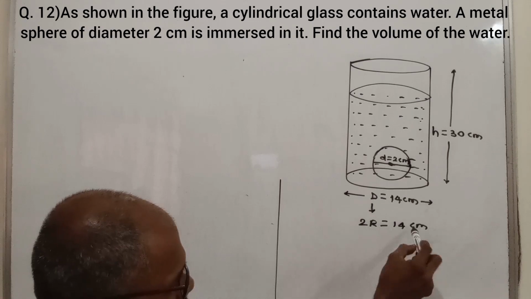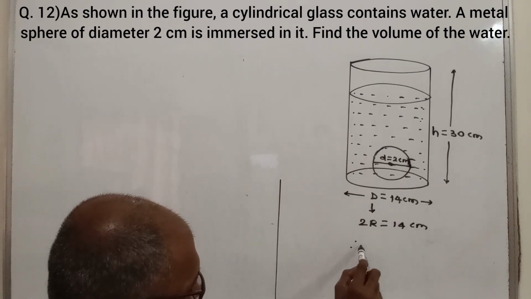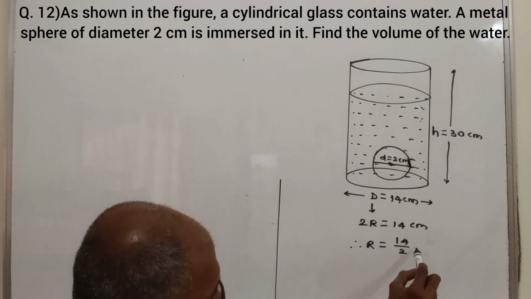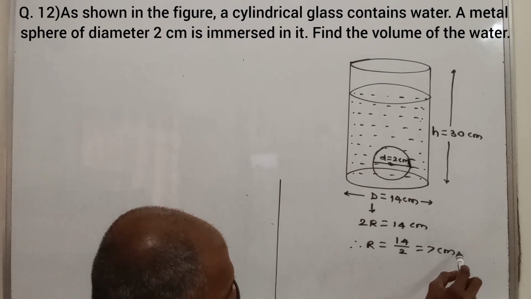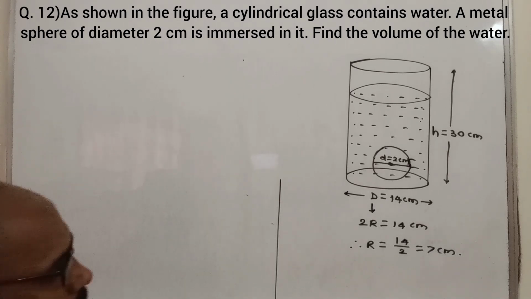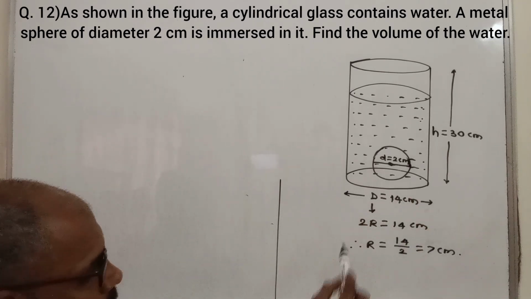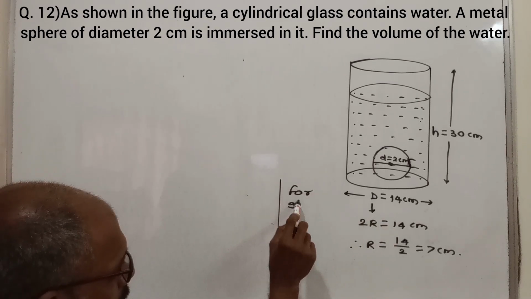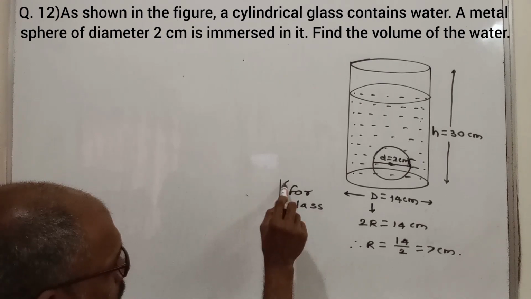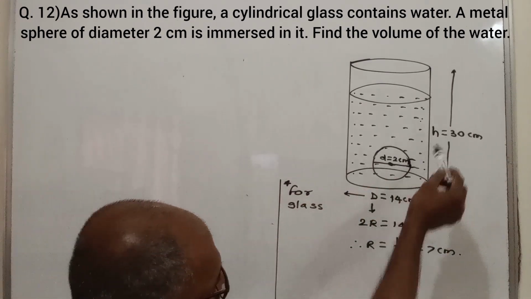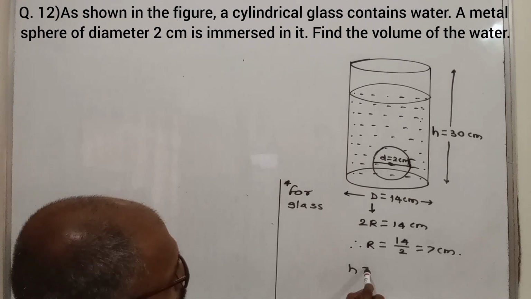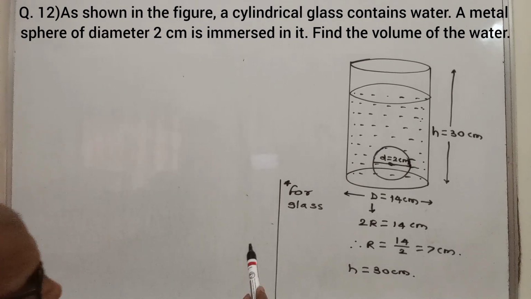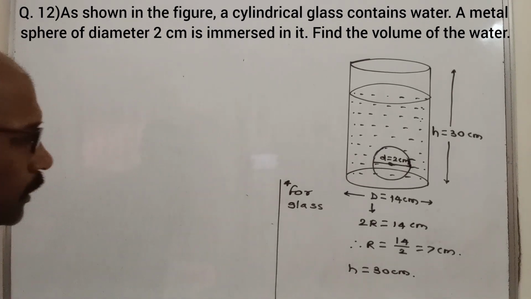Therefore, capital R is equal to 14 upon 2 is equal to 7 centimeter. This is for glass. Now, for glass, H is equal to 30 centimeter.